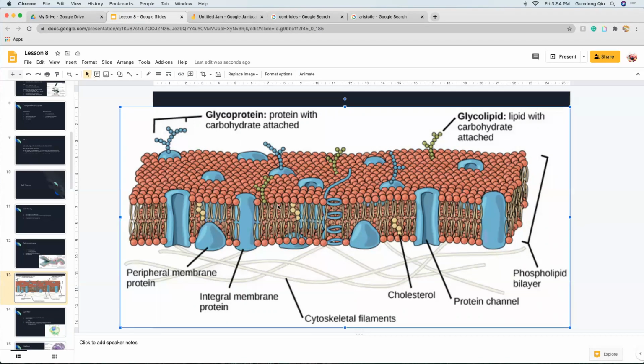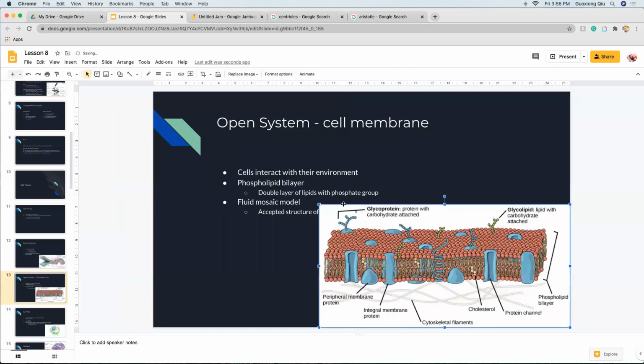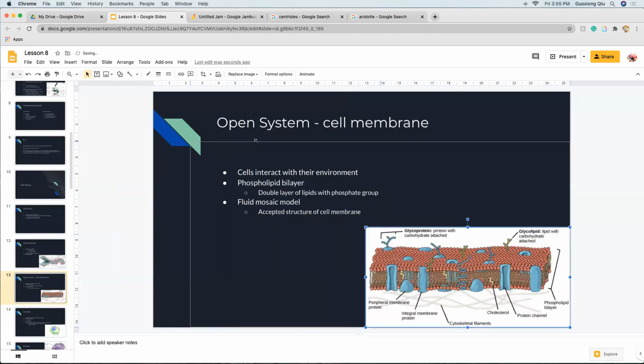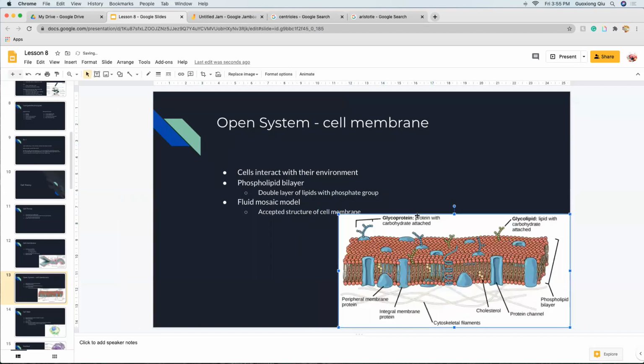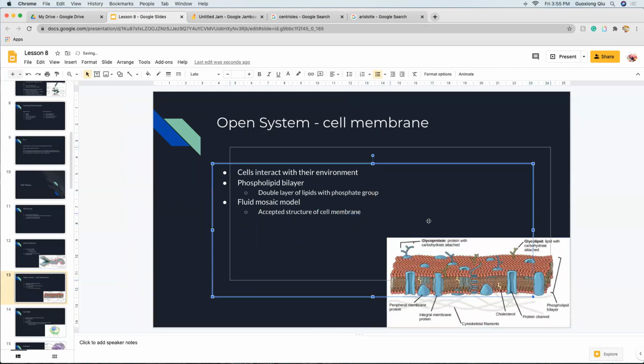There's one layer of phospholipid and another layer of phospholipid, so we call it a phospholipid bilayer. The model most commonly accepted for the cell membrane is the fluid mosaic model, which is this model. There are other, older models of people trying to guess what the cell membrane looks like. You can search them up if you want.